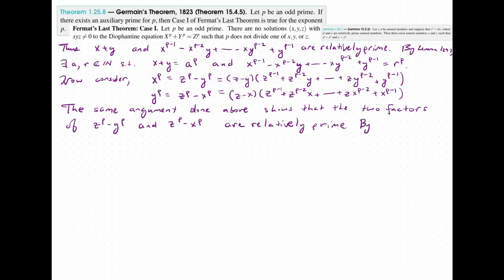So by lemma 124.1, we have the existence of natural numbers b, c, s, and t, such that we get z minus y is equal to b to the p. We have z minus x is equal to c to the p. And then we have the second factors. We're going to have z to the p minus 1.